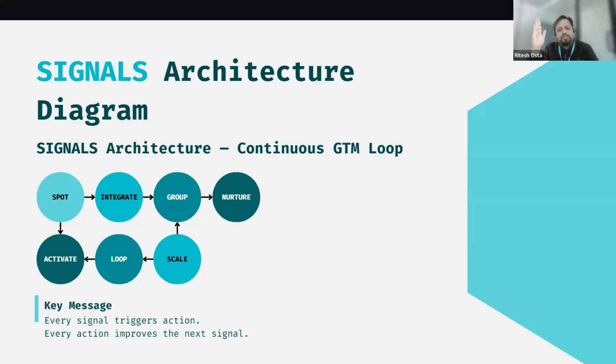After S, which stands for spot in the signals architecture, I stands for integrate, then it is group, right? You group together, you create segments. For example, all certain types of healthcare clinics can be grouped together, and this is where you can do the enrichment as well. So when you group, you create segments based on the data that you are spotting.